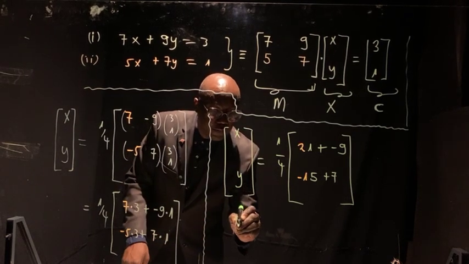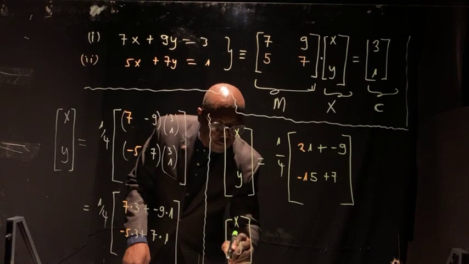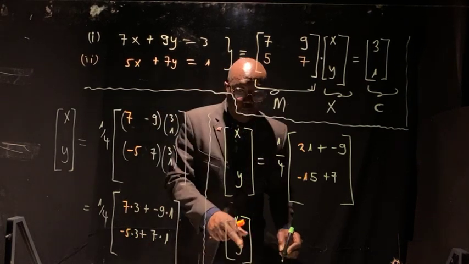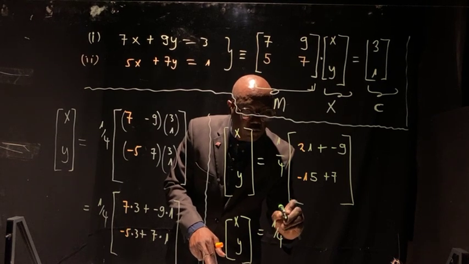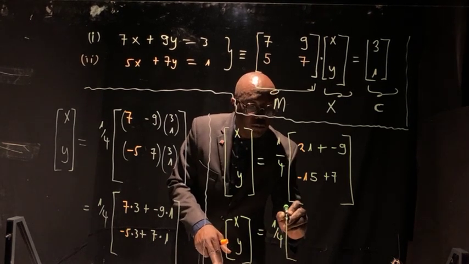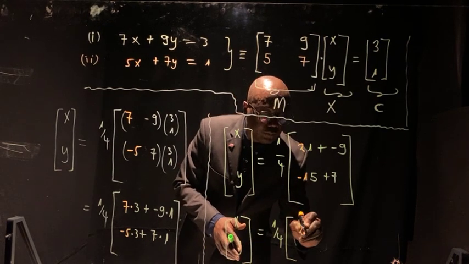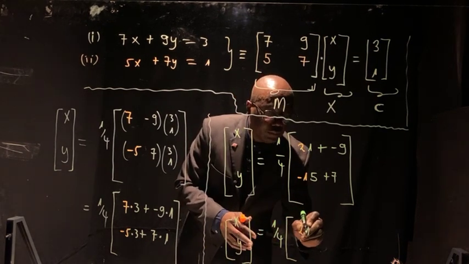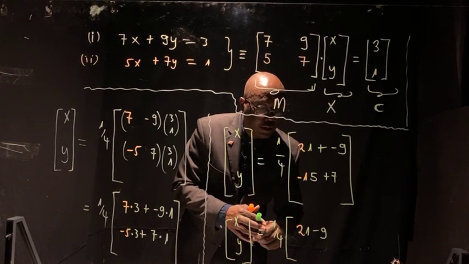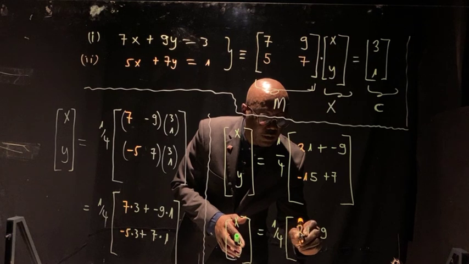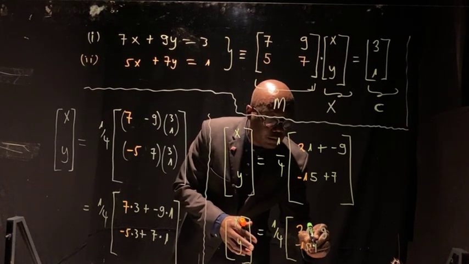x, y, equal 1/4, 21 minus 9, minus 15 plus 7.